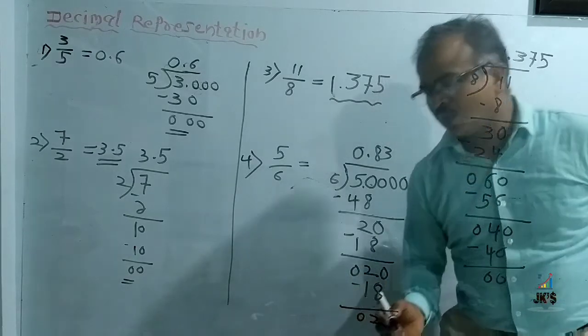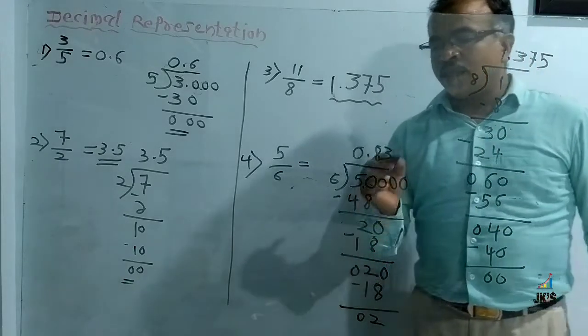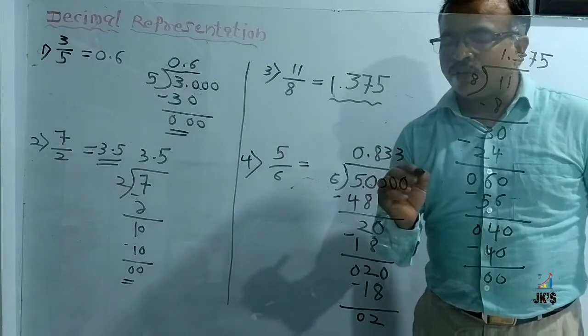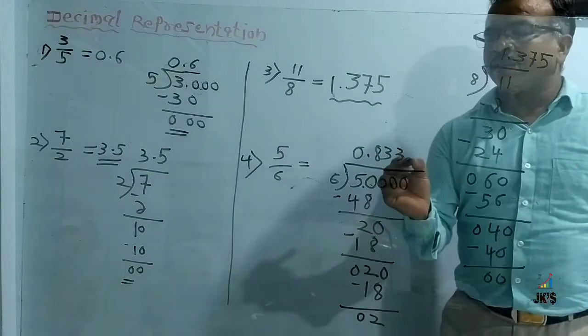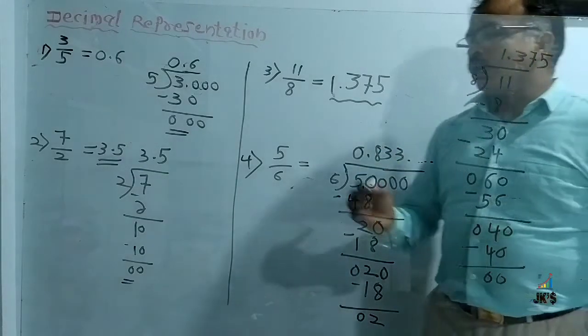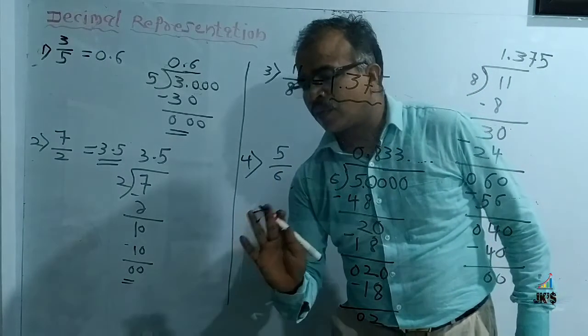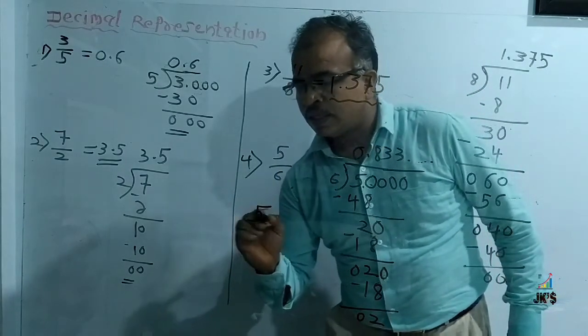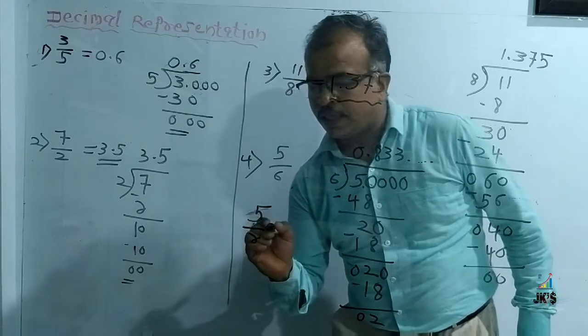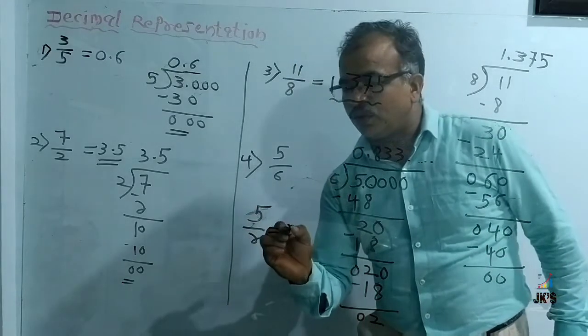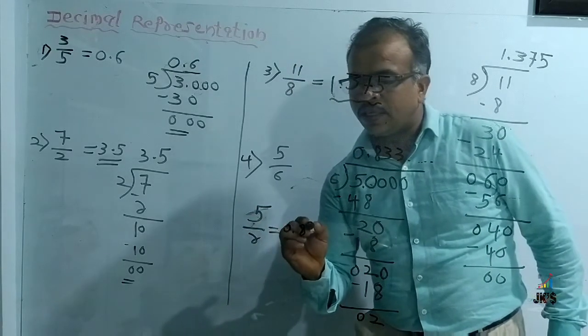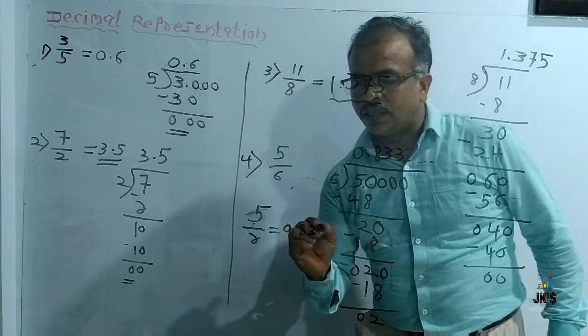We see this is going to repeat. So 5 by 6 is written as 0.833 and so on.